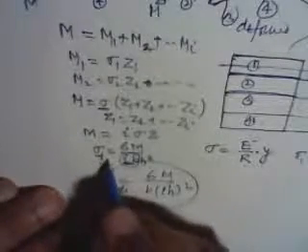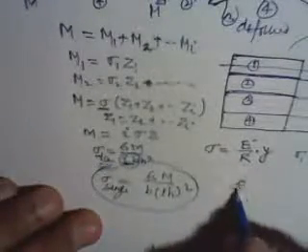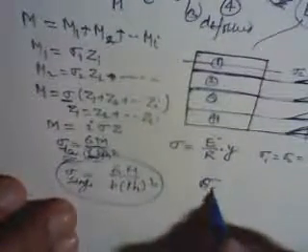So sigma single is less as compared to sigma laminated.